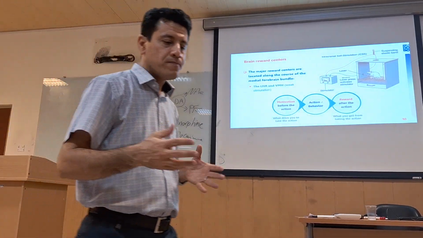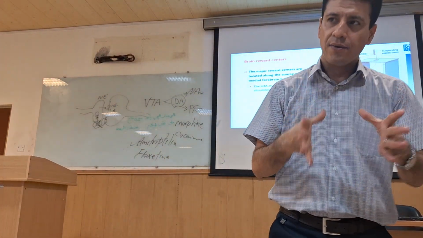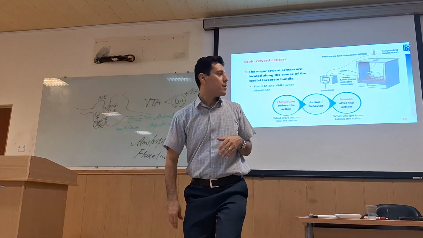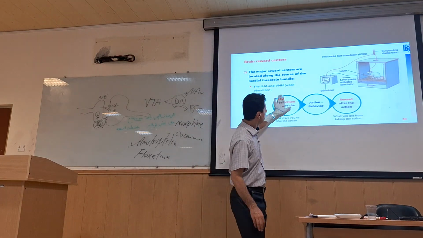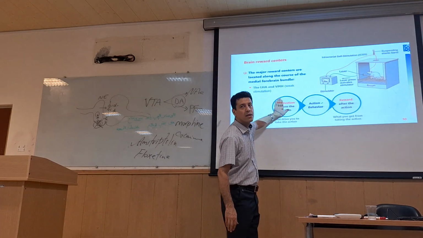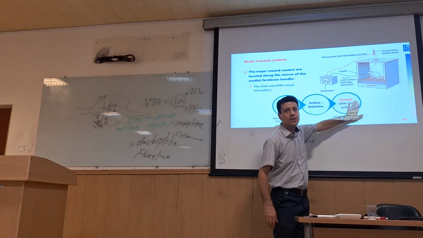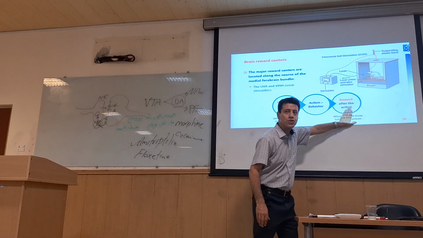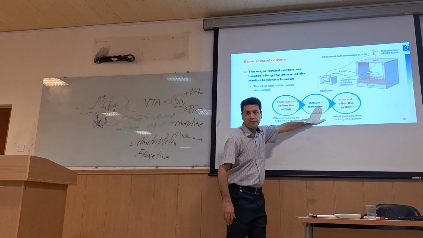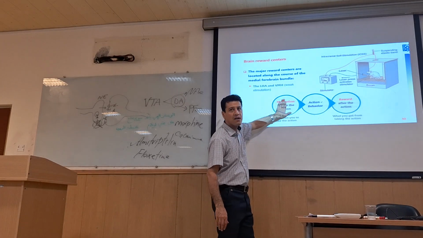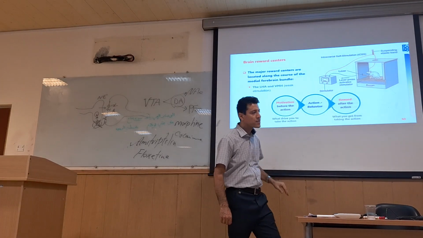Okay? So, motivation and reward are important for our survival. Motivation comes first, then we have actions or behavior. The result is reward. And reward ensures having this action whenever we have this motivation.